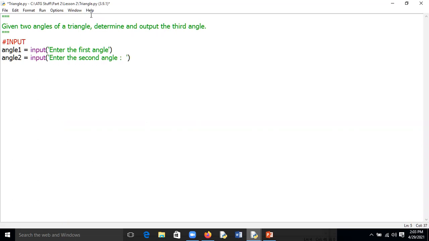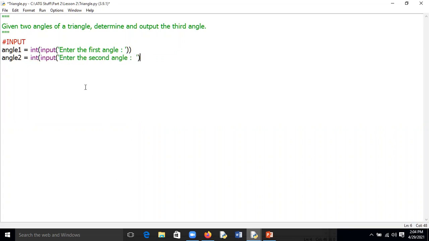Now, guys, remember what I said yesterday? We can typecast this because remember, input enters everything as string. So at the moment, angle 1 and angle 2 are string. Remember, we can come in front here and put in int, and we can typecast that all in one line.